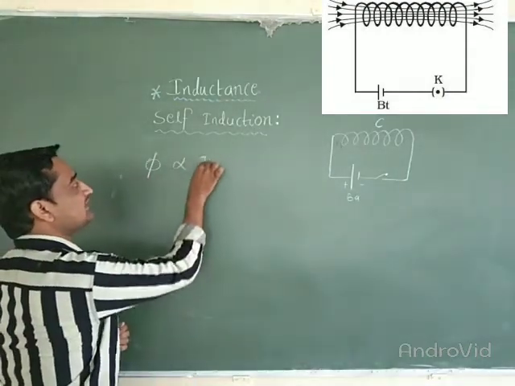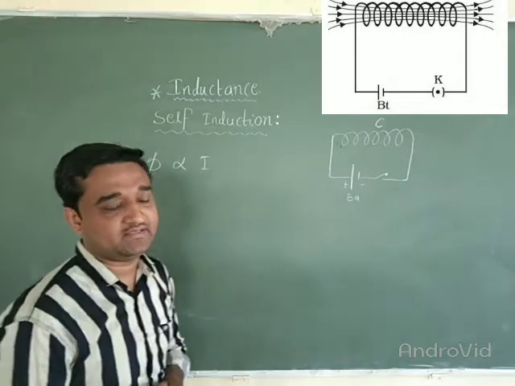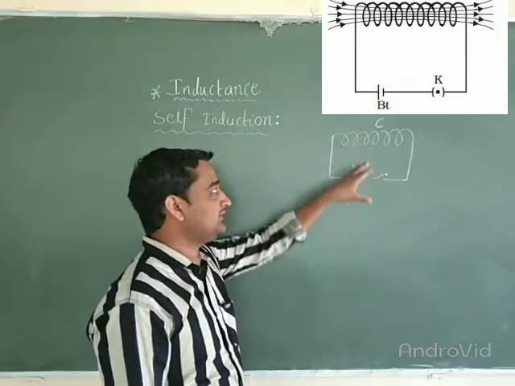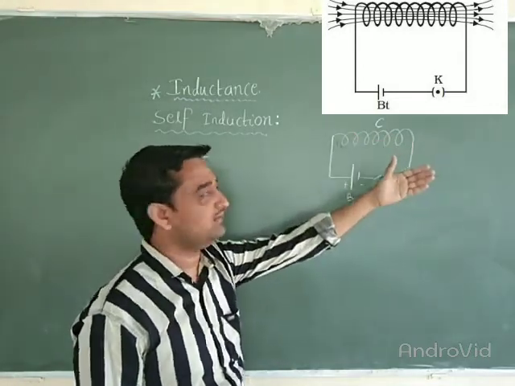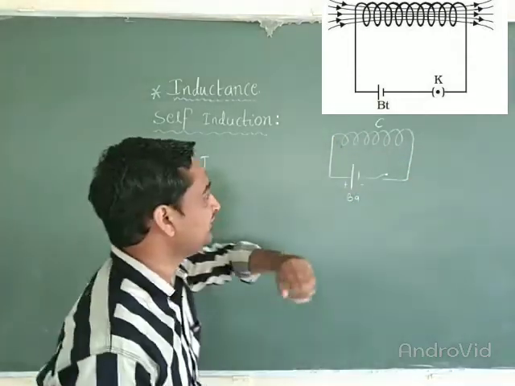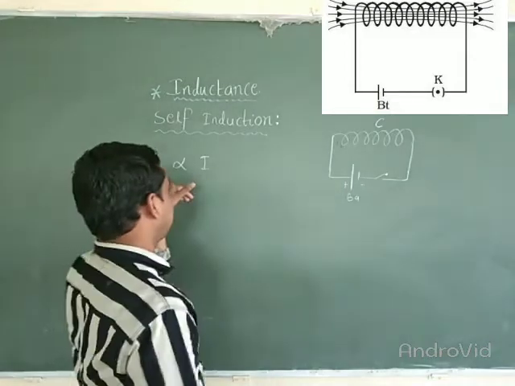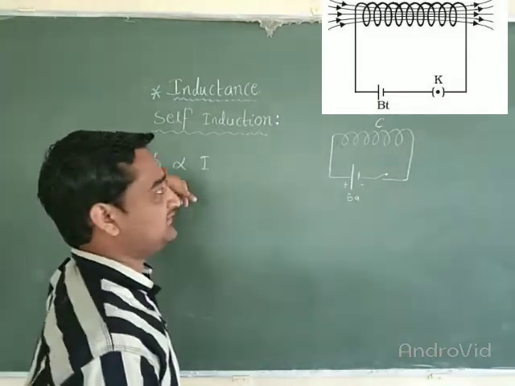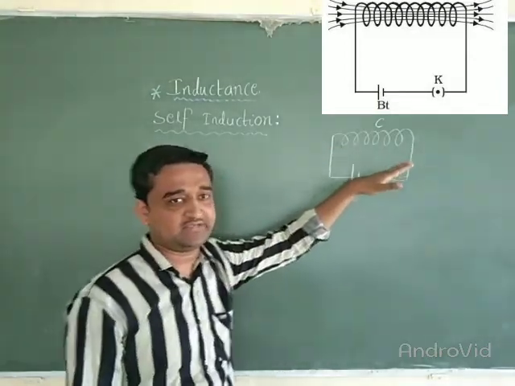That means phi is directly proportional to I. Right? So when the current is increased, what happens? The magnetic flux linked with the coil also increases, right?